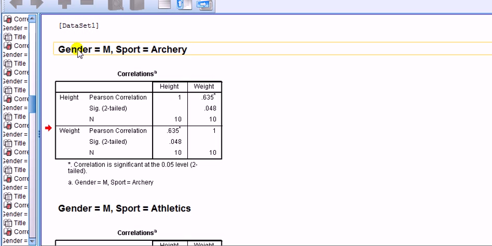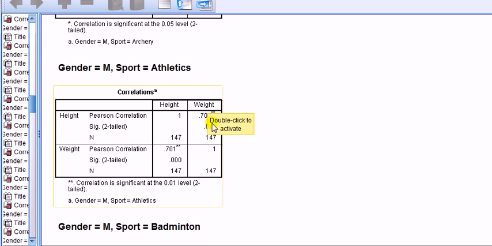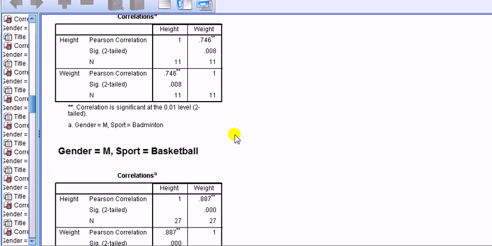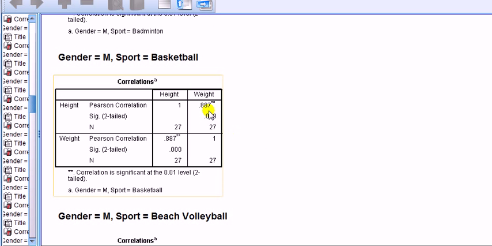Okay, so we start here with the males. Males archery correlation between weight and height is 0.6, so that's over half. Okay, the next athletes are higher, 0.7. Badminton, it matters more, it's 0.75. Basketball, that's quite high, that's very high. Look, 0.89, so we expect that. Well, yes, these lanky guys are of a similar build, aren't they?